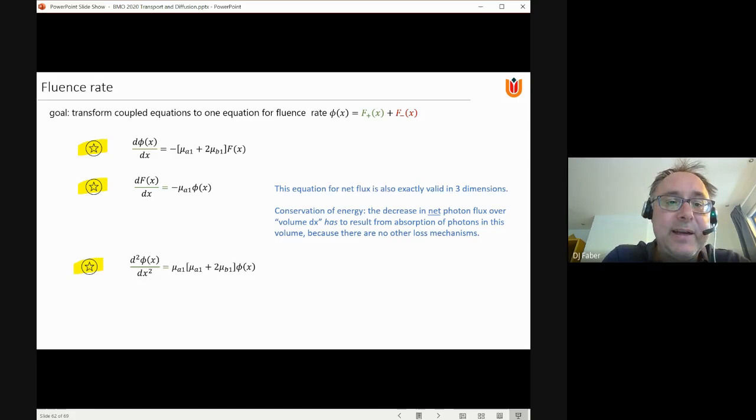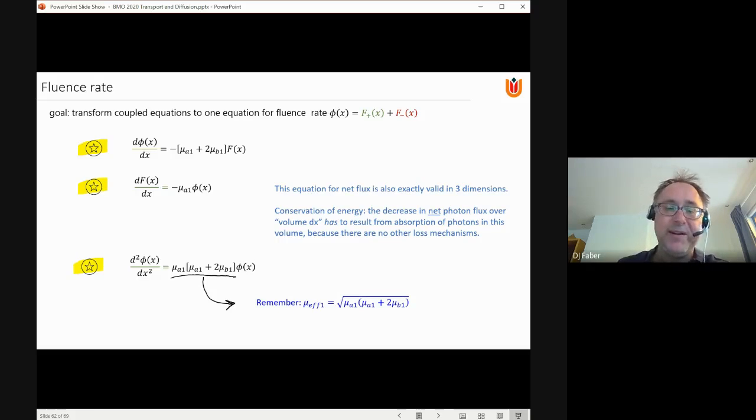Okay, so we can now take this expression for the second order derivative of the fluence rate and combine the results above. We now have a single uncoupled differential equation for the fluence rate only. So the second derivative of the fluence rate with respect to x is given by a constant that depends on the optical properties times the fluence rate itself.